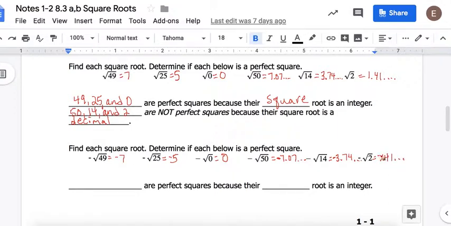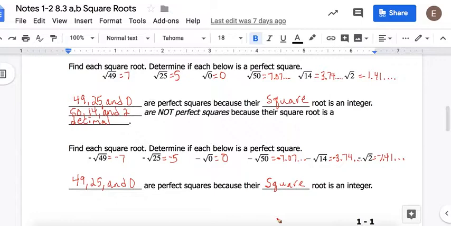And remember to put the negative back in front. So we say that 49, once again, 25, and 0 are perfect squares because their square root is an integer.